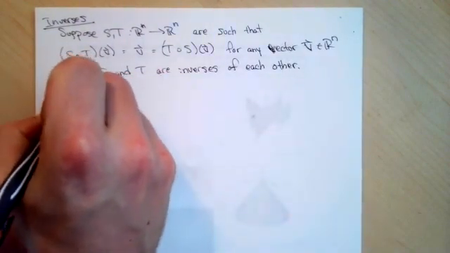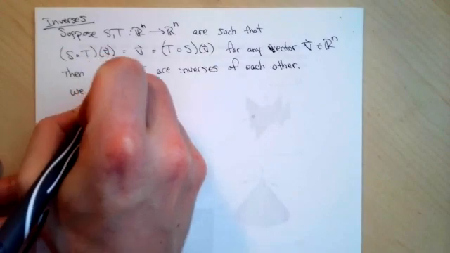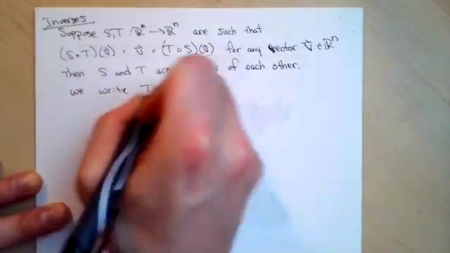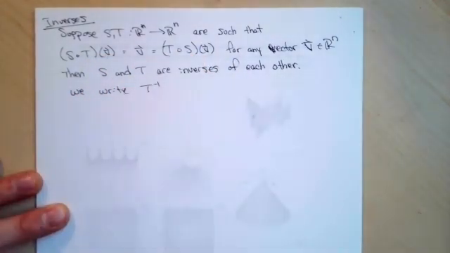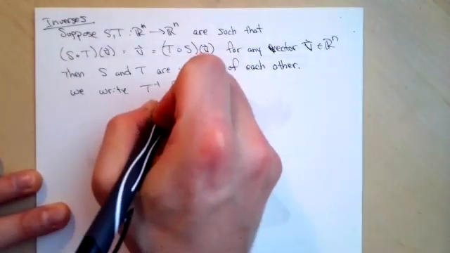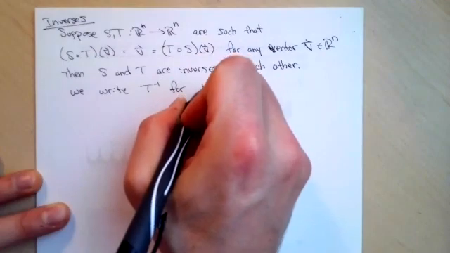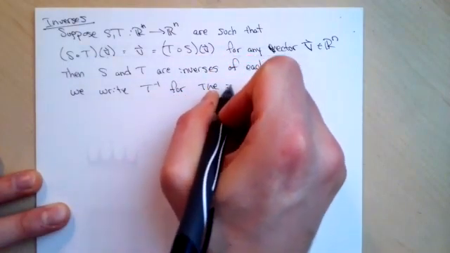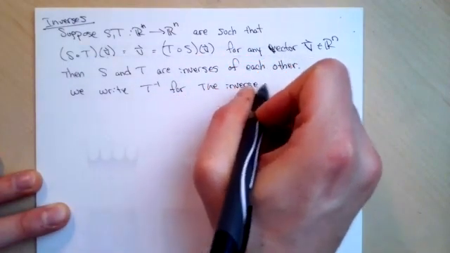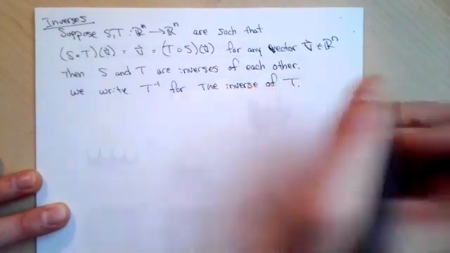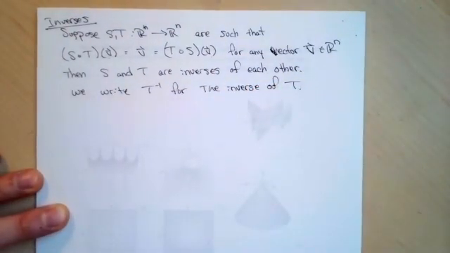So we usually write, as you guessed, T with an upper script -1 for the inverse of T. And if you had to guess, what's going to be the associated matrix?